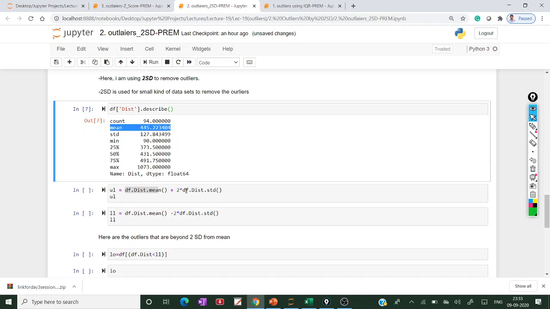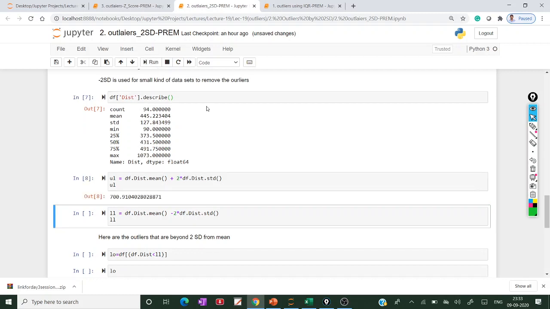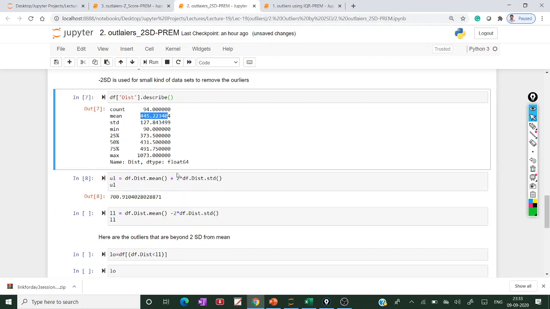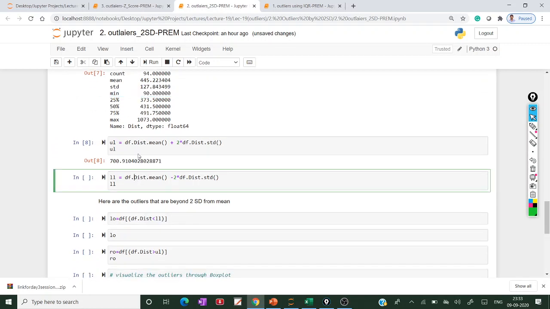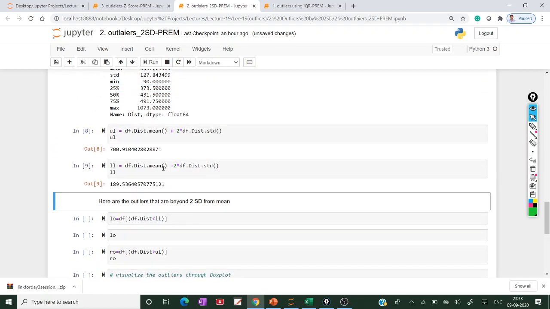So the mean value plus 2 multiplied by the standard deviation, which is 127.3, gives the upper limit. This is the value of about 700. This is the upper limit: the mean value plus 2 times the standard deviation. Similarly, the lower limit. Here 2 means the second standard deviation.